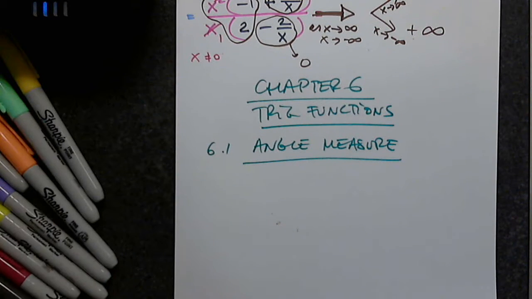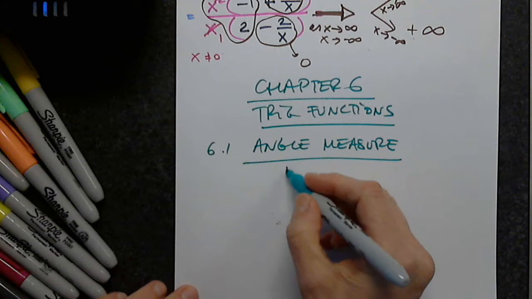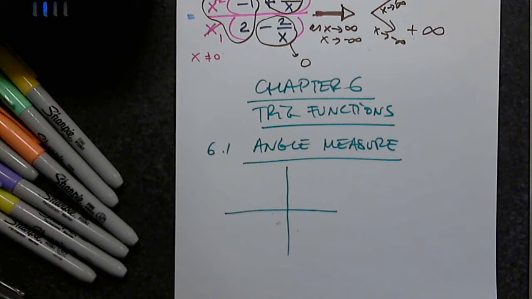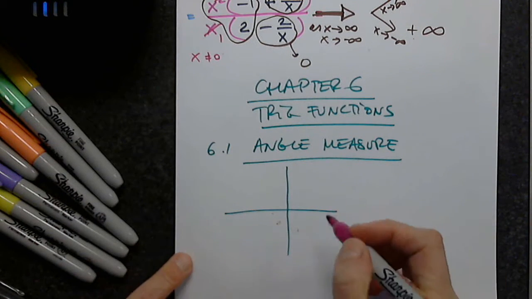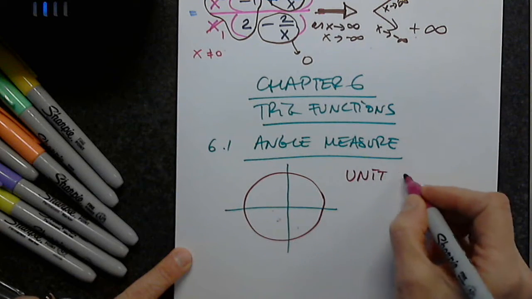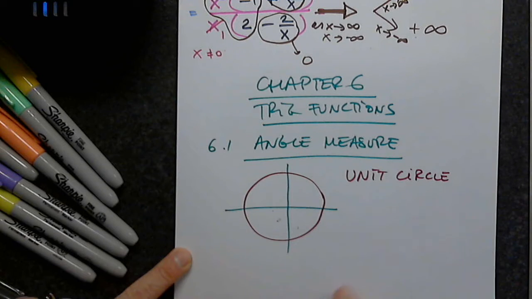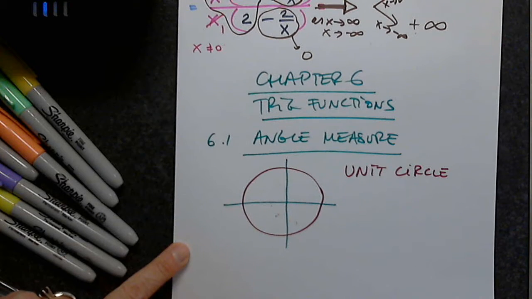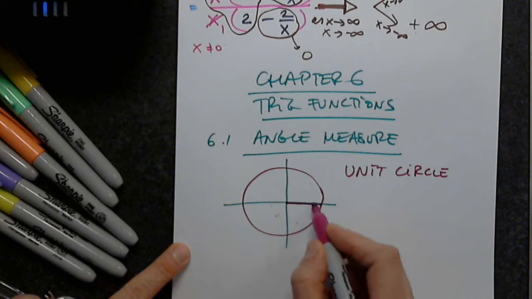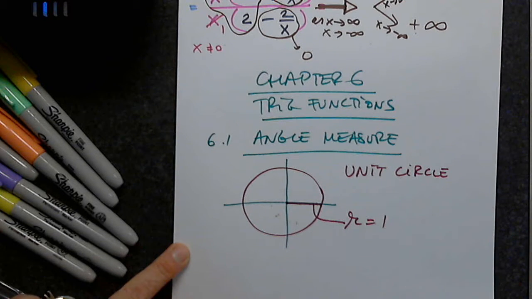The Greeks invented trig, and because they invented trig, we kept pretty much everything they came up with as a token of respect to them. So we call this the unit circle, because the radius is 1 unit.